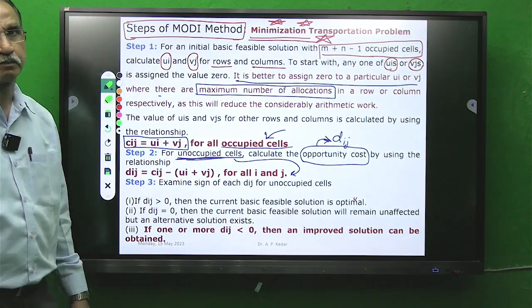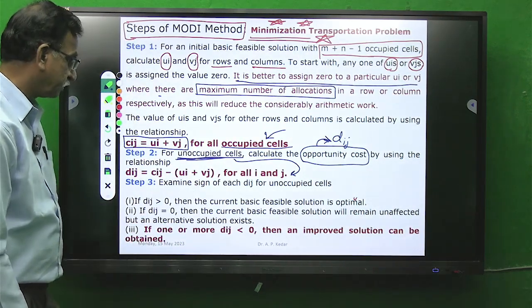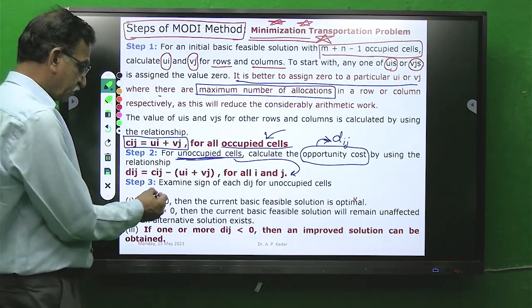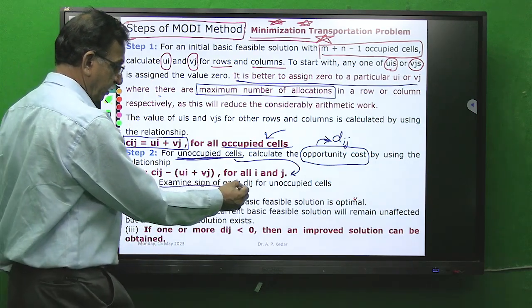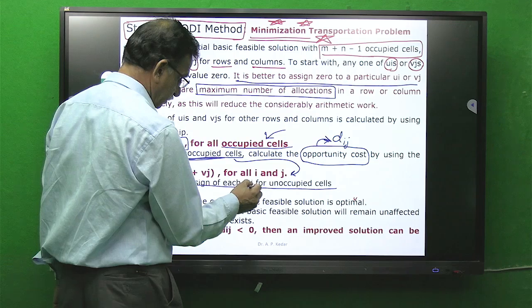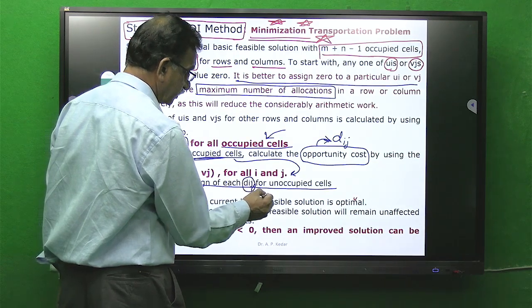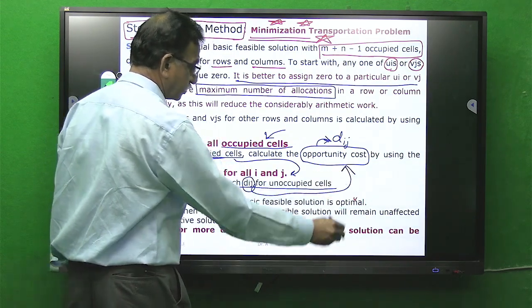That is very important. And then, very important, examine the sign of each Dij, which is nothing but the opportunity cost.